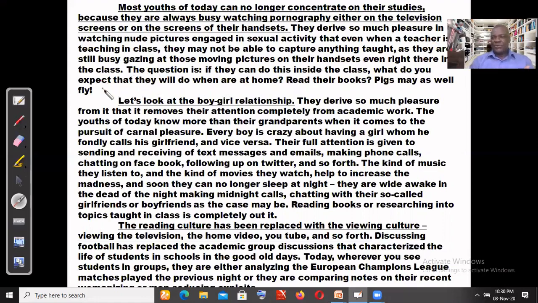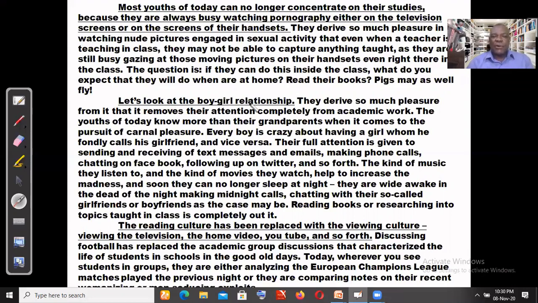All right, so your argument here is that they hardly read their books. They give all their attention to pleasure, and they derive pleasure from pornography. So we are going to our next point, which is the boy-girl relationship, the friendship that they cultivate.